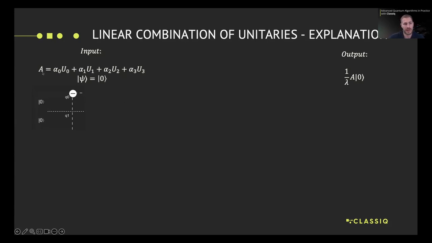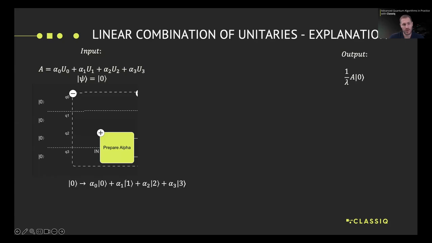I'm showing you along the way the actual implementation, how it applies. First we have this state psi, which we initialize to the 0 state. Then the first step is to prepare another register according to the alpha coefficients. Ignore for a second the unitaries and view only the coefficients alphas. We start from 0 on another register, not the psi; psi is on top.